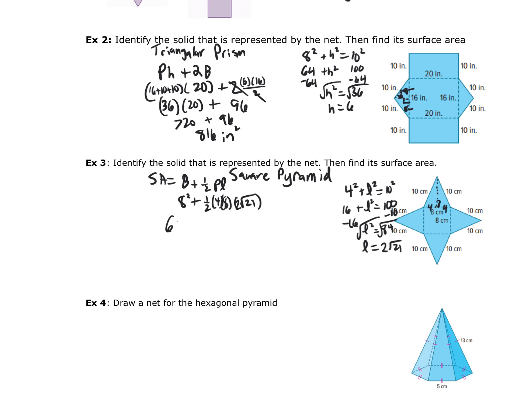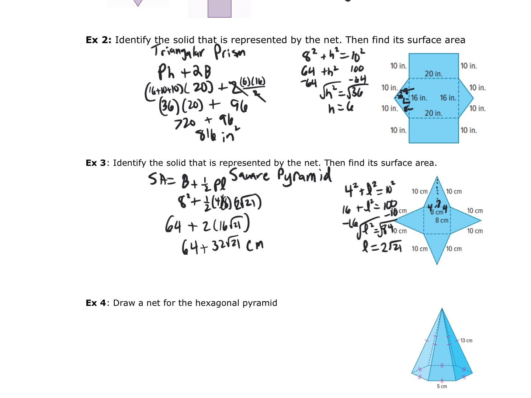So 8 squared is 64. Half of 4 is 2. 8 times 2 is 16. So 2 times 16 is 32. And we're going to leave it just like that. That's as precise as I can get.